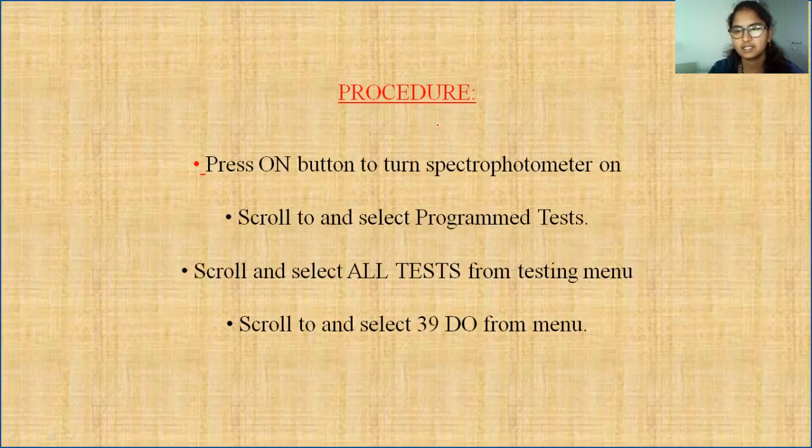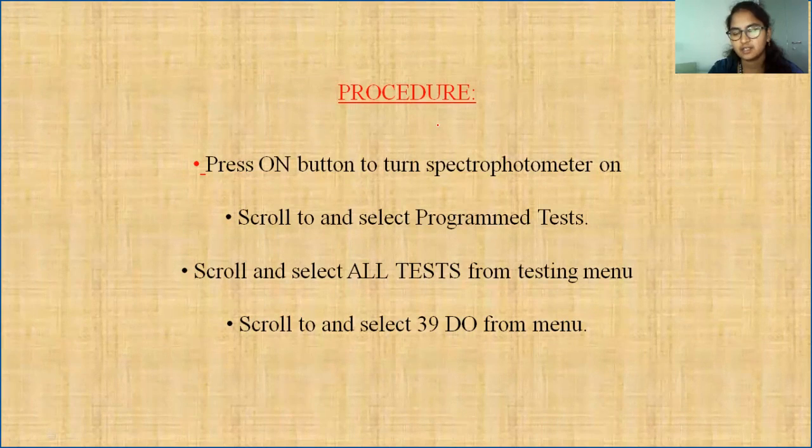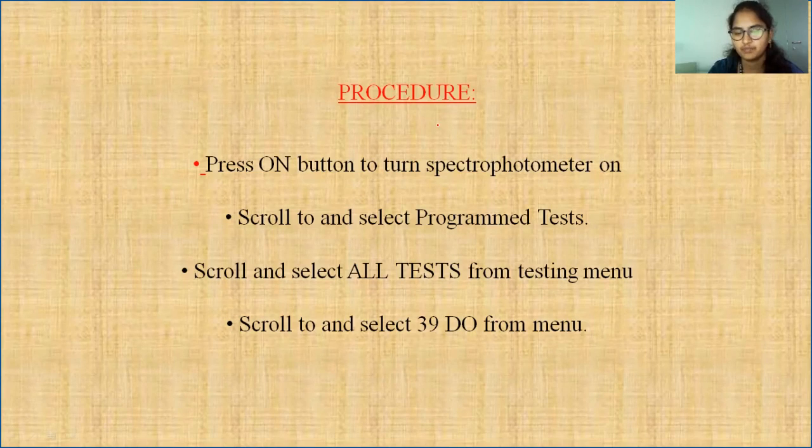So we can select dissolved oxygen under D. Scroll to and select all tests, and we can go for 39 DO. Scroll to and select 39 DO from the menu.